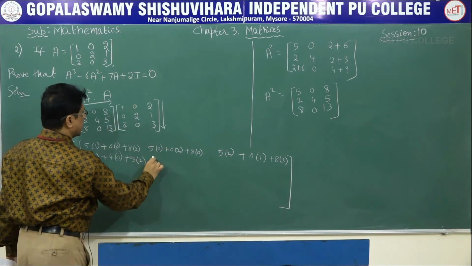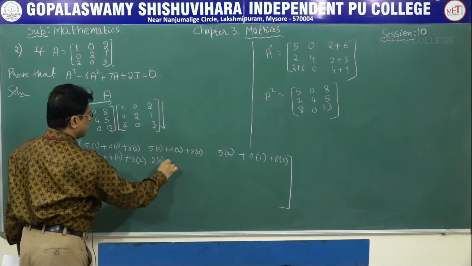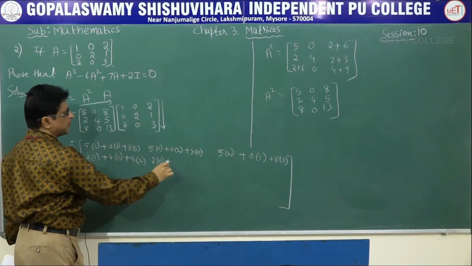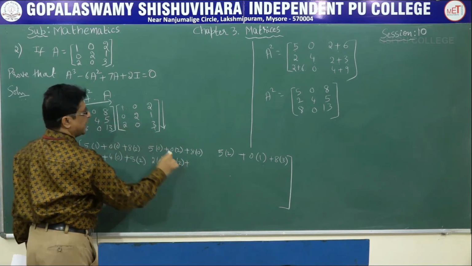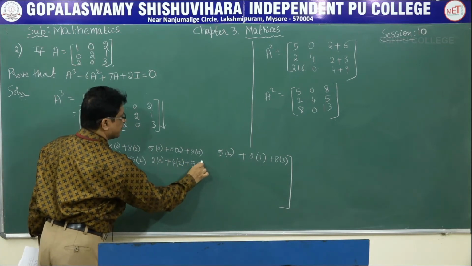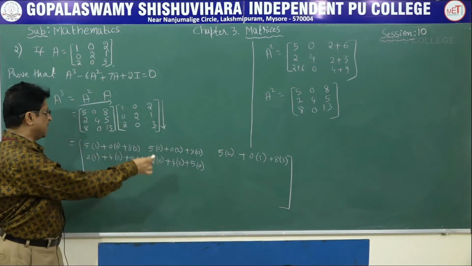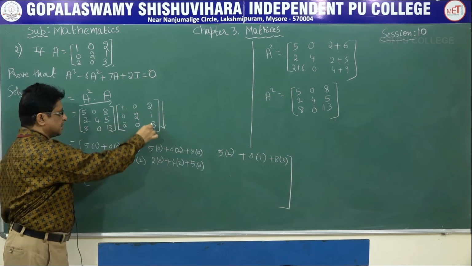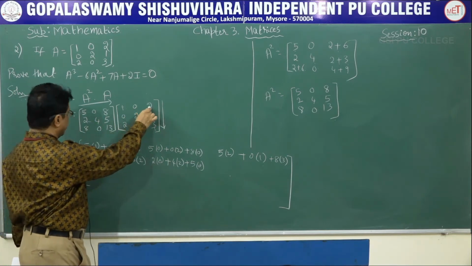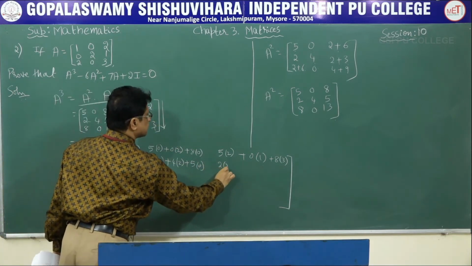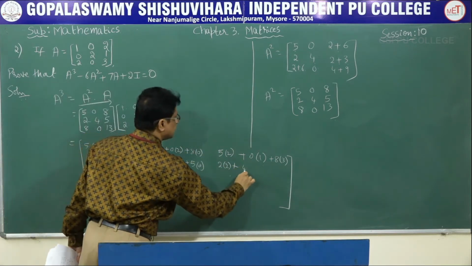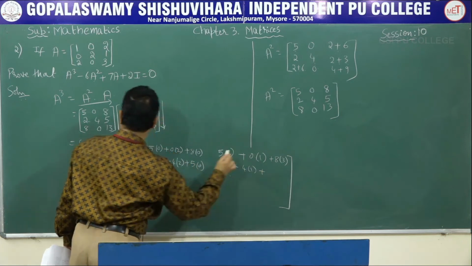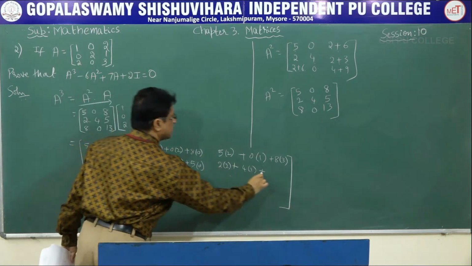So 2 into 0 plus 4 into 2 plus 5 into 0. Next element will be second row into third column: 2 into 2 plus 4 into 1 plus 5 into 3.